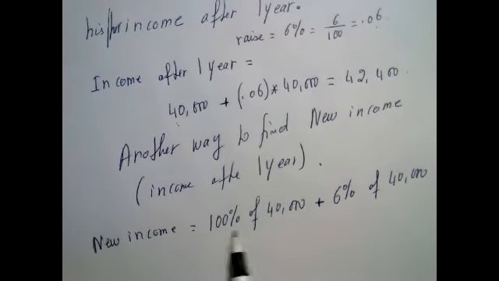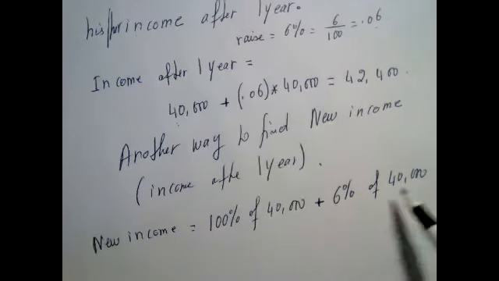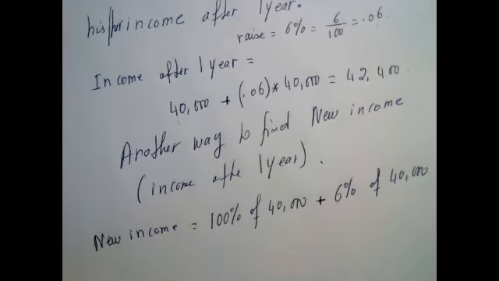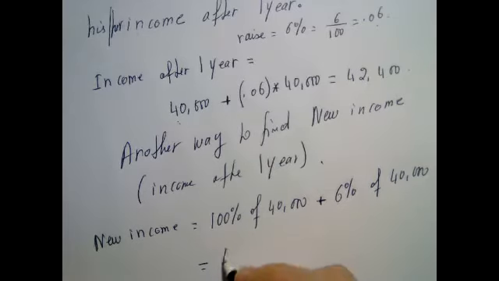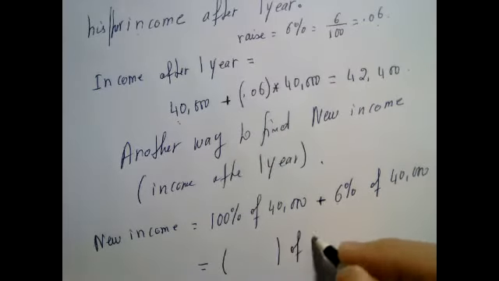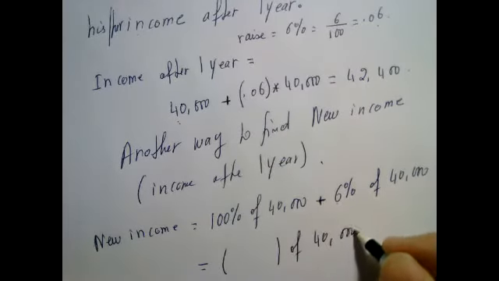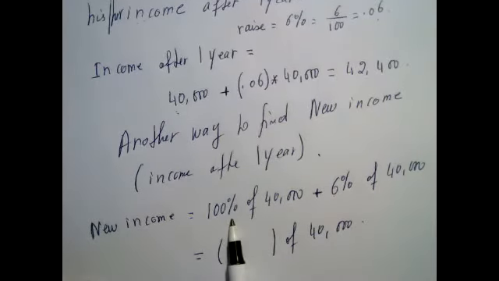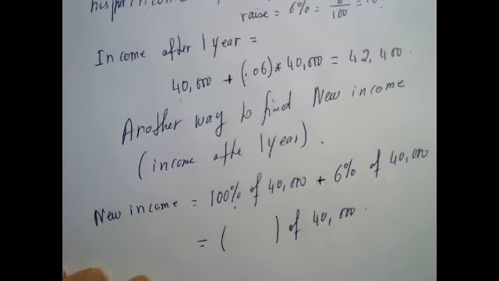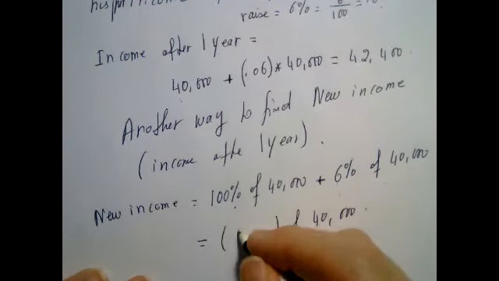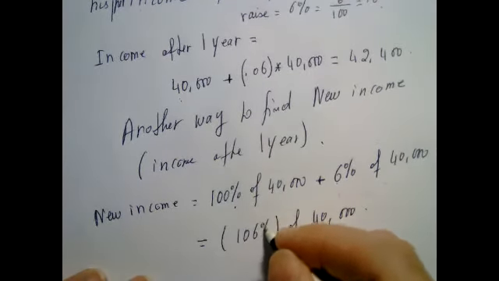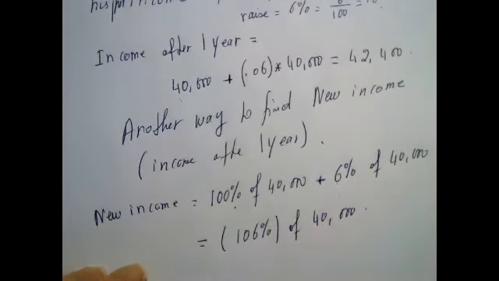So his old income, 100% of it, all of it, but you're adding to it the 6%. So what percent of his new income is he gonna have? It's 100%. We're adding to it the 6%. So his new income is going to be 106% of 40,000.